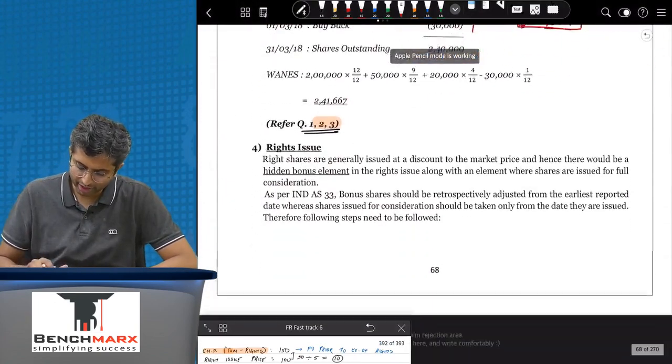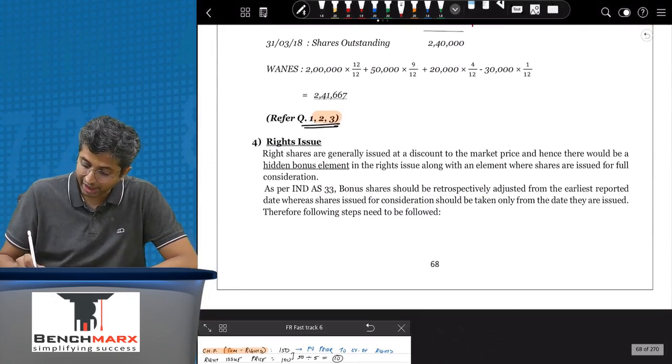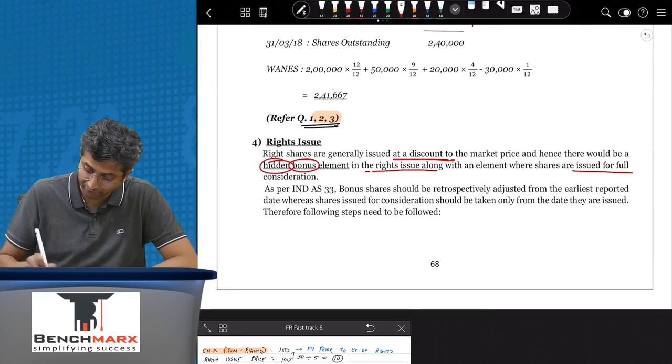Okay, so over here you have a rights issue on page number 68. We'll just glance through the theory once. Rights shares are generally issued at a discount to the market price, and hence there would be a hidden bonus in the rights issue along with an element where shares are issued for full consideration.